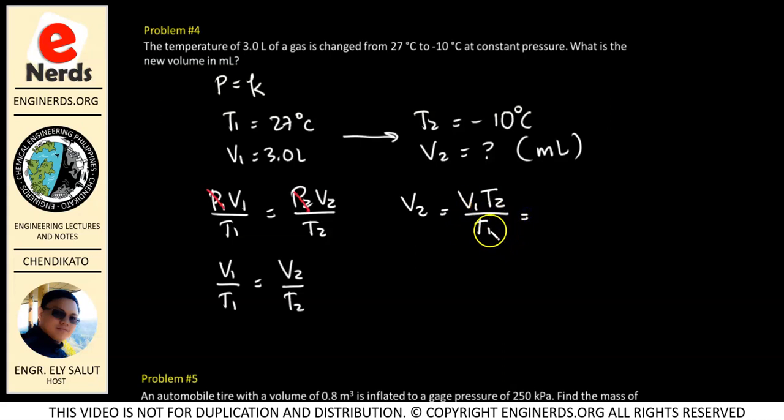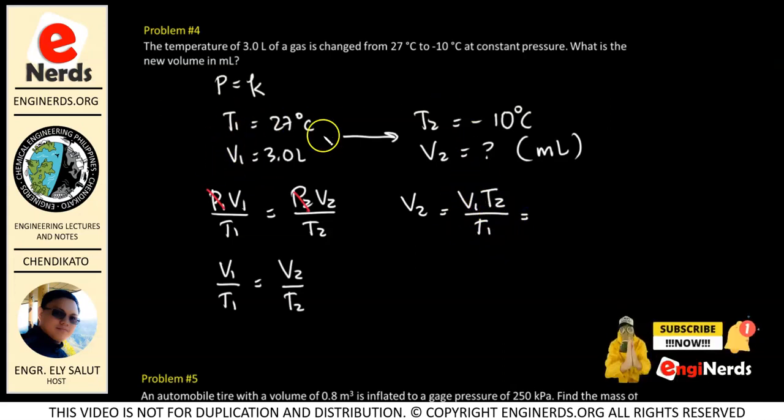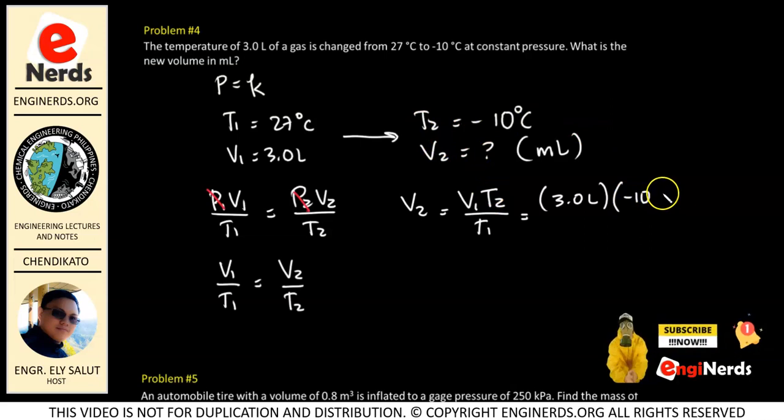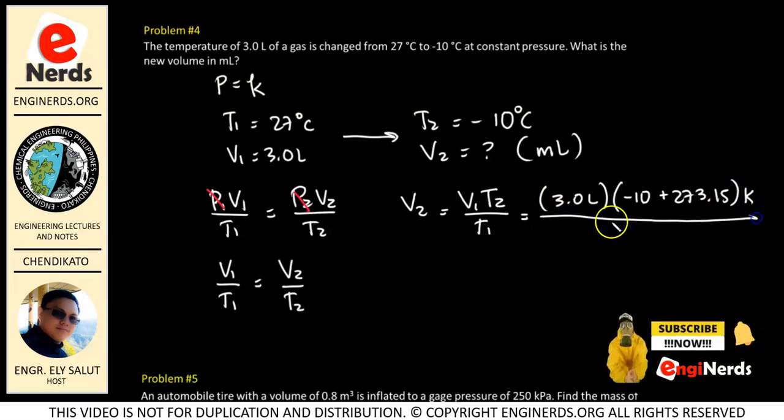So, substitute na natin yung mga values natin. Our V1 is equal to 3 liters times our T2. Our T2 is negative 10 degrees Celsius, but we need to convert that to Kelvin, no? So, we need to add 273.15. So, this will be in Kelvin over our T1.